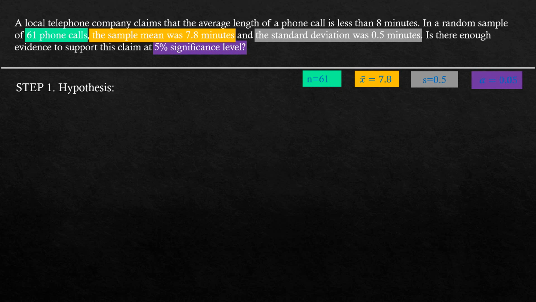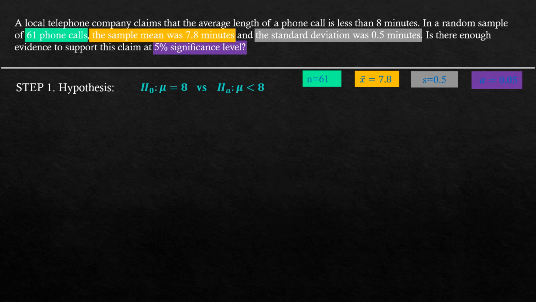Population average we use mu. Mu is the average of the population. So our average length of a phone call is less than 8 minutes. That means mu less than 8 minutes. Therefore, what are the null and alternative hypotheses? They are mu equals 8 and mu less than 8, respectively.